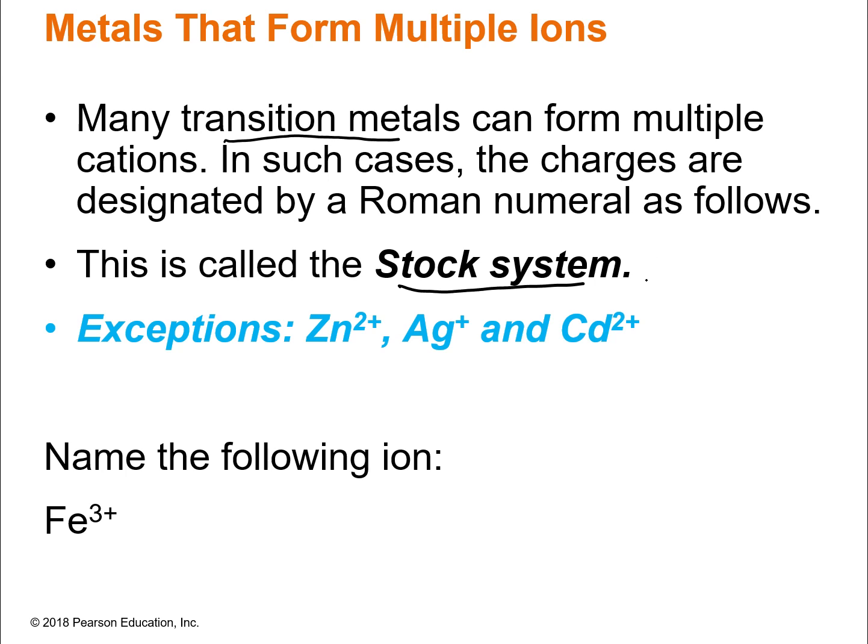Some exceptions. So these are transition metals that only form one ion. That's zinc, silver, and cadmium. They only form one ion.